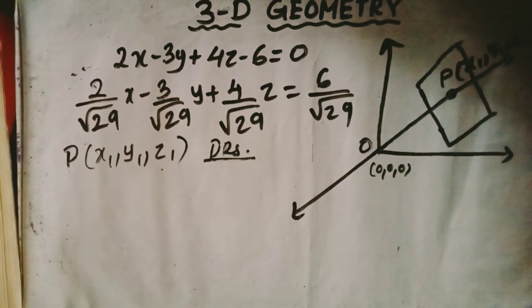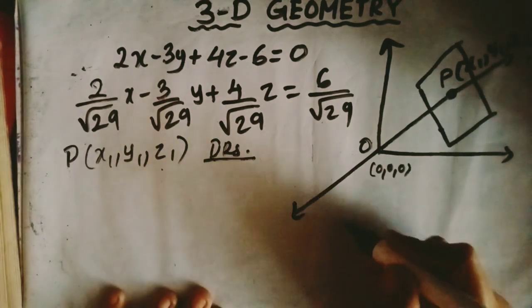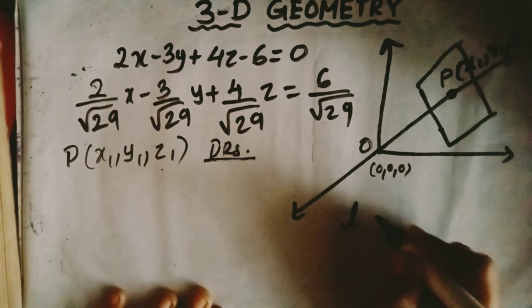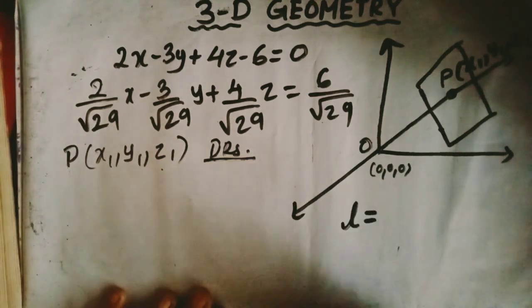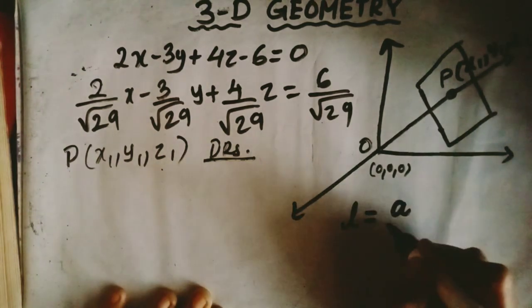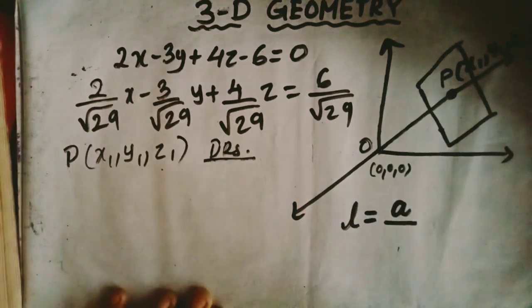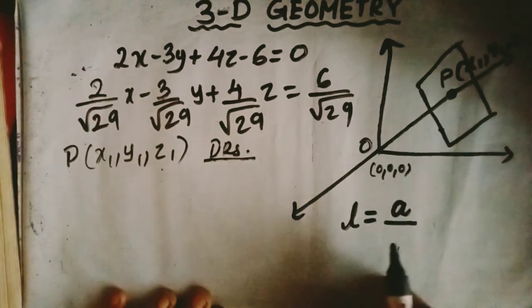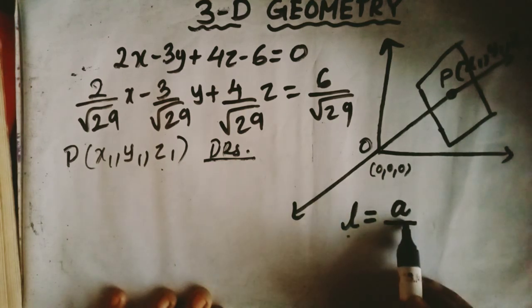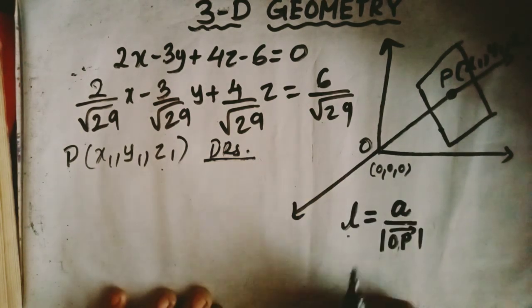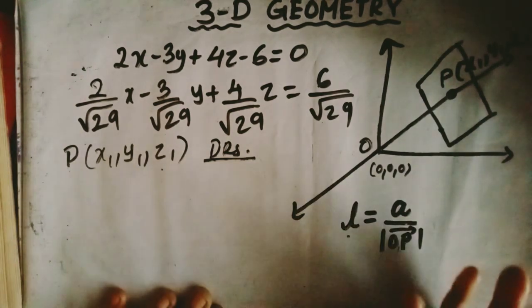Okay. Now we know one relation, that is this L is the direction cosine, right? L, M and N. So L we can write as, suppose A, B, C are the direction ratios, then we can write L as A upon magnitude of that vector, right? So this way we can write M also, N also.